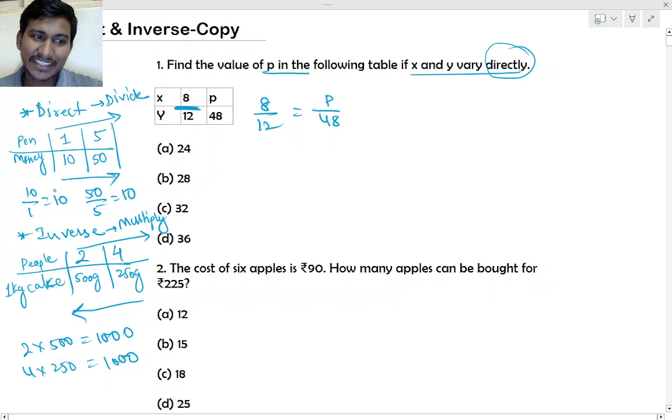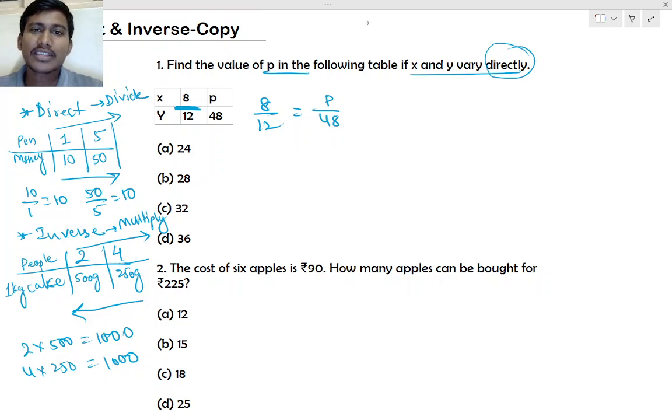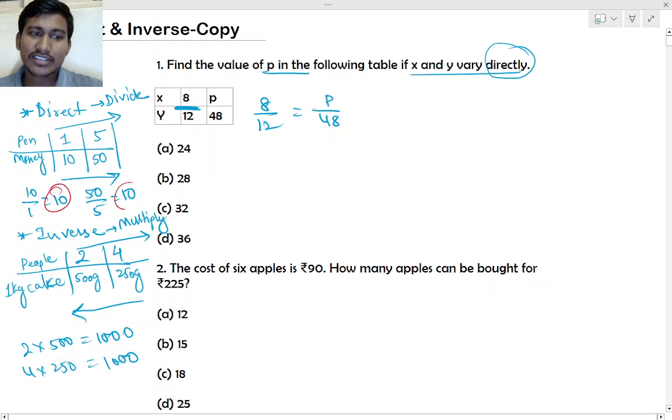Both will be the same. So how do we find the p value? Cross multiply.